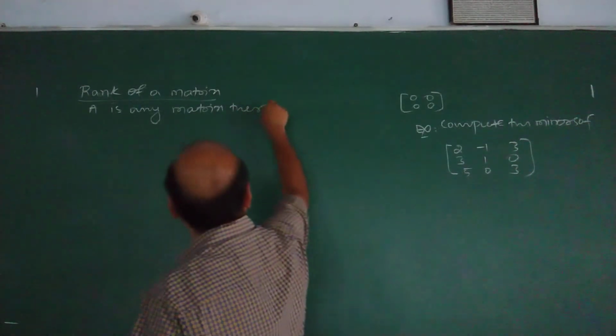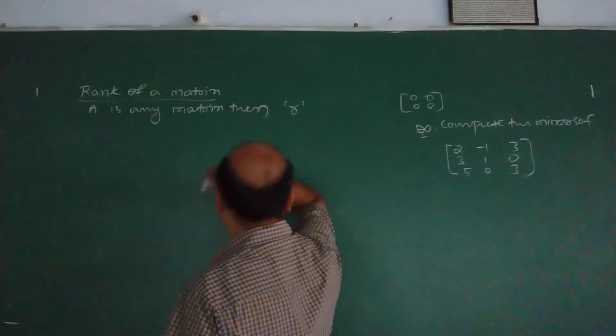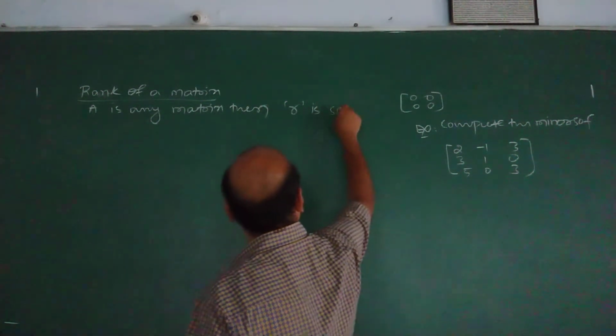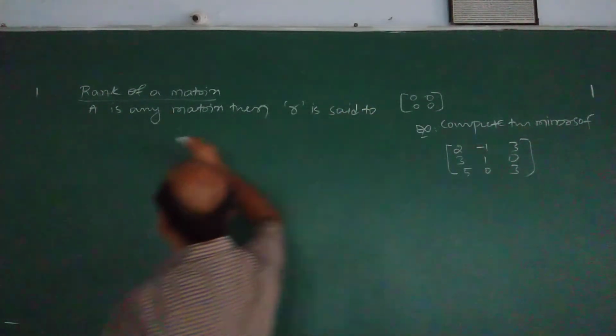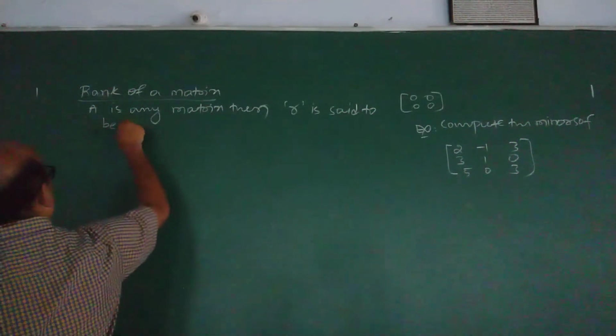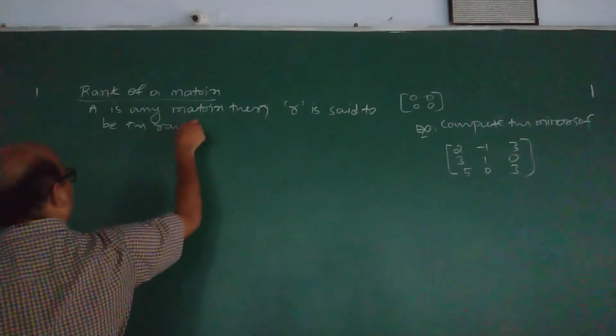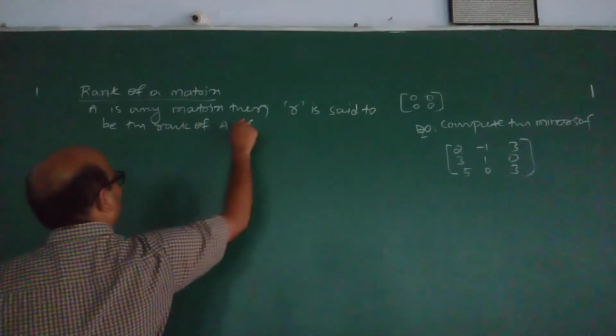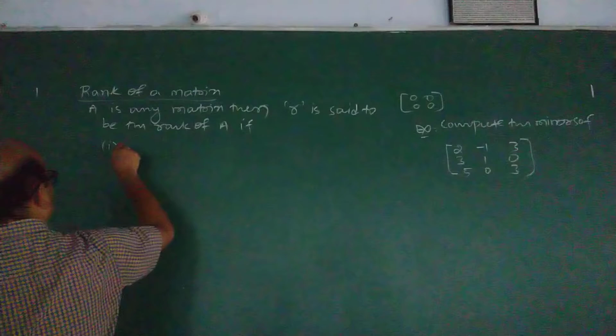Then a positive integer R is said to be the rank of A if two conditions are there.